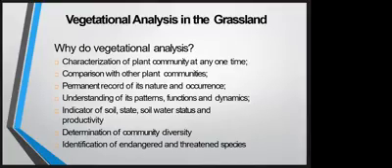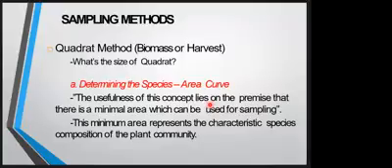So IUCN also. So for the sampling methods, now we move on to the quadrat method, biomass or harvest. It's either a way of how we obtain biomass or by way of harvesting, then we take the biomass.